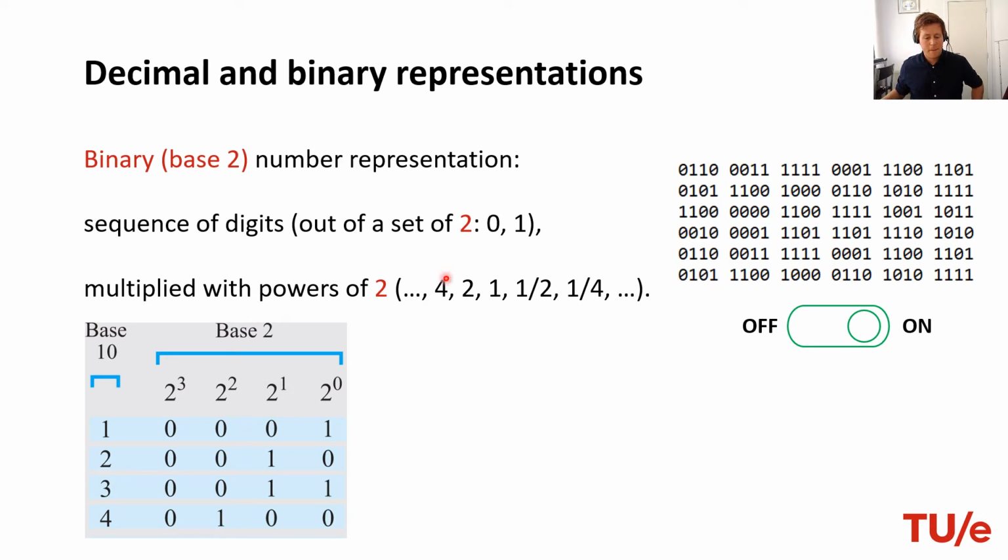So some examples for simple numbers, or the first 4 numbers in base 10 in base 2. So let's take a look at the number 1 in base 10. We can simply write this as 1 in base 2. So this is 1 times 2 to the power 0 plus 0 times 2 plus 0 times 4 plus 0 times 8.